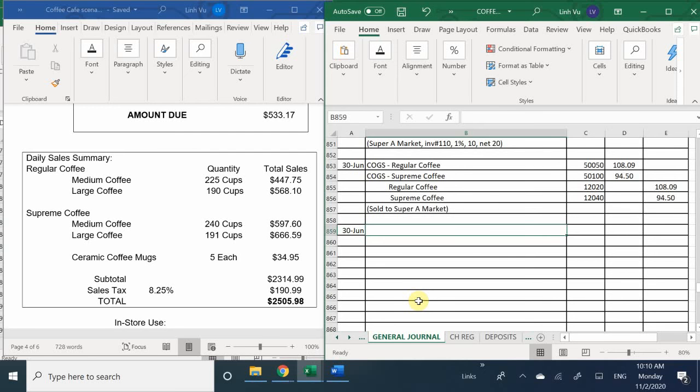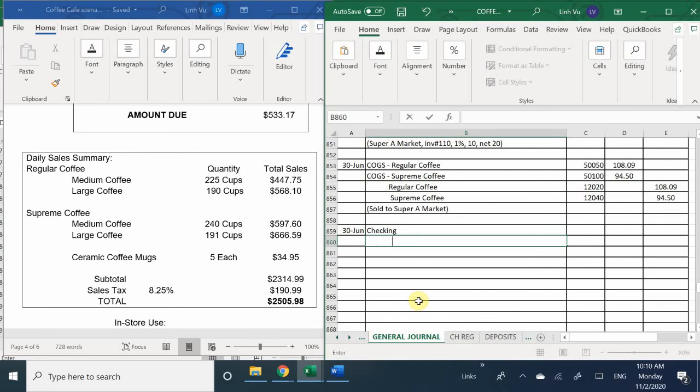We sold 225 cups. In general, we sold, and what are we receiving? Cash. So what account do we use for cash? Checking.